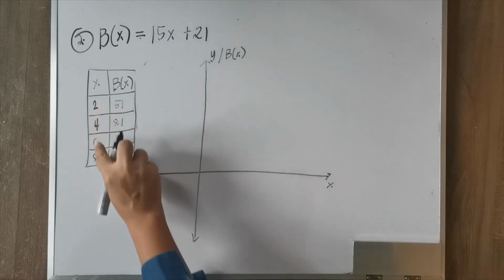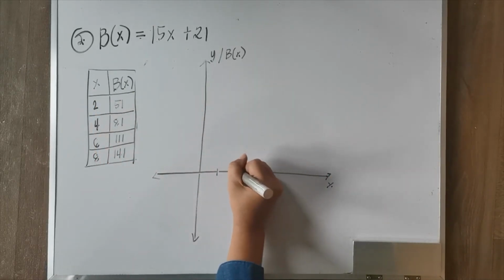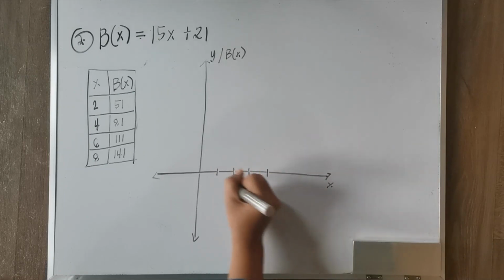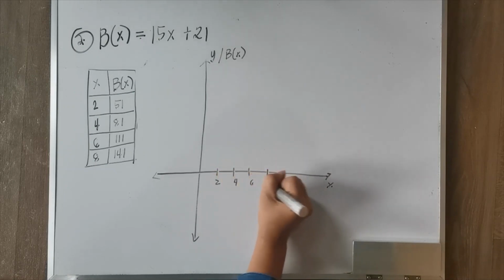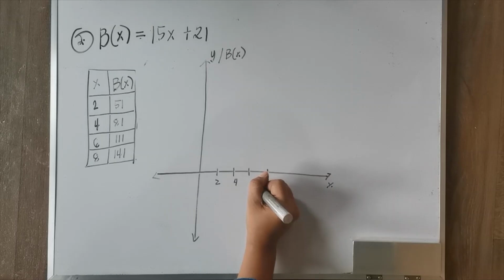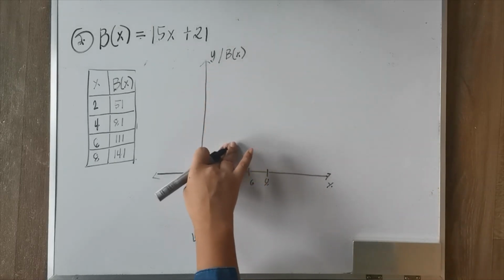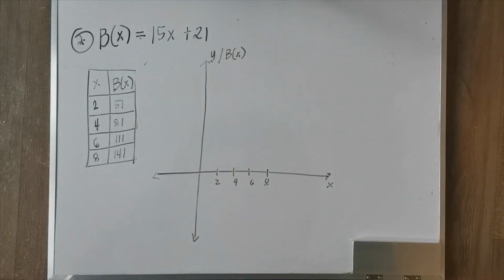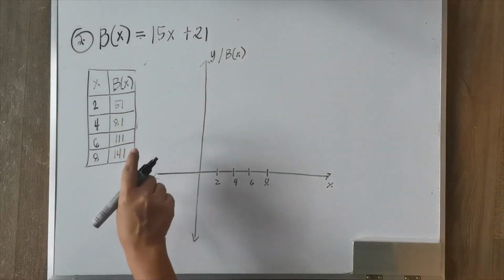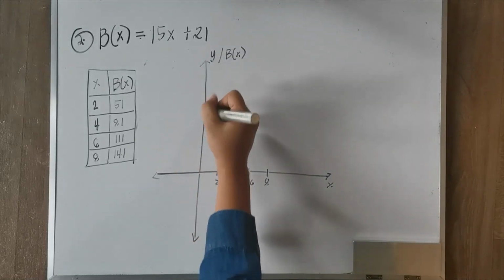So x, I will use an interval of 2. So 2, 4, 6, 8. And for my y, I will be using the interval of maybe 30. Okay? So it's okay if this is not really reflected on our labels.